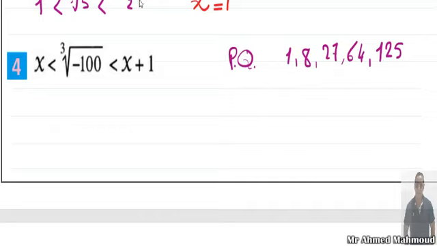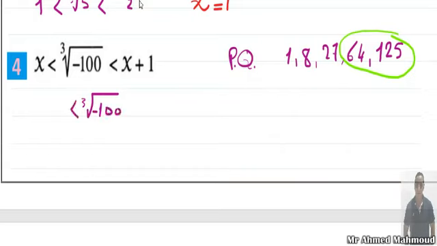Here we have 100 included between 64 and 125. Then we are going to write the numbers like this: cubic root of negative 100. But don't forget, if we have negative numbers, then we start with the greater number first.